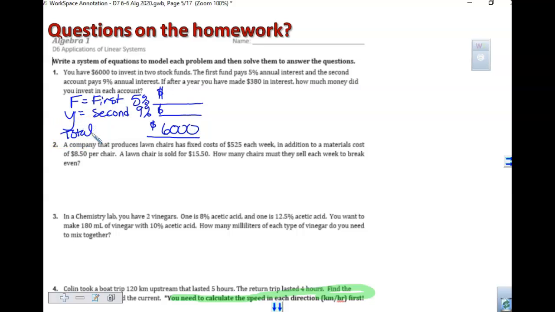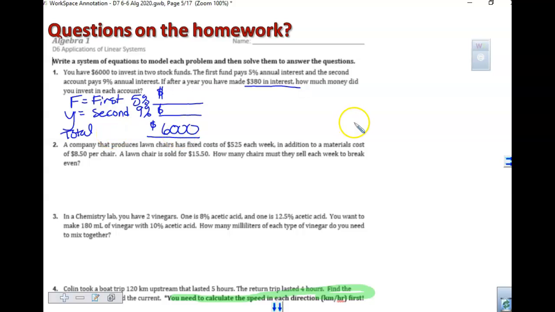It says, if after a year you've made $380 in interest, how much money did you invest in each? That $380, if I had known what percent this was, it's that percent times 6,000.